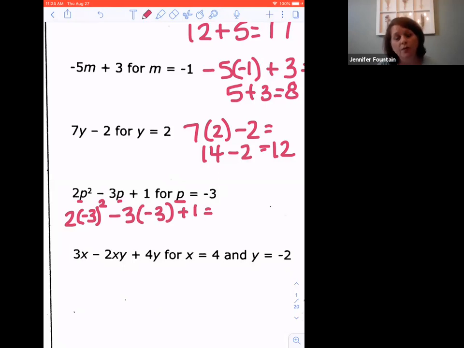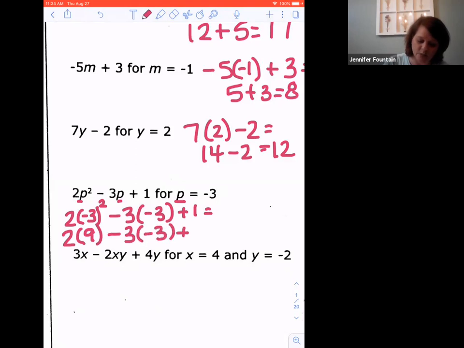Now, according to the order of operations, I'm going to have to deal with my exponents first. So I'm going to have 2 times -3 squared, which means I multiply -3 times -3. Negative times a negative is a positive, and 3 times 3 is 9. Minus 3 times -3 plus 1. Order of operations tells me I've got multiplication, subtraction, multiplication and addition.